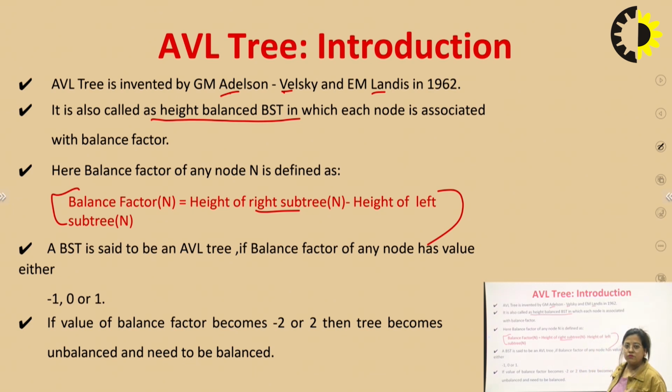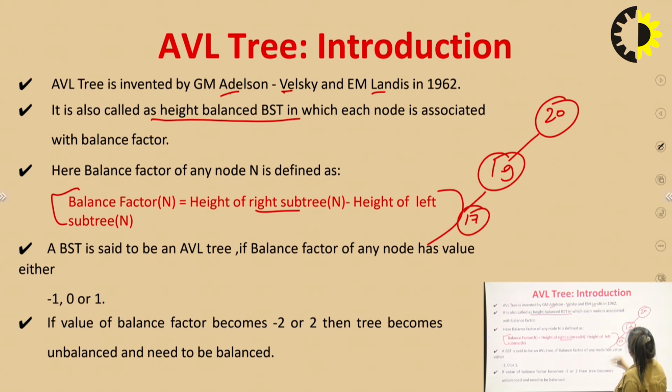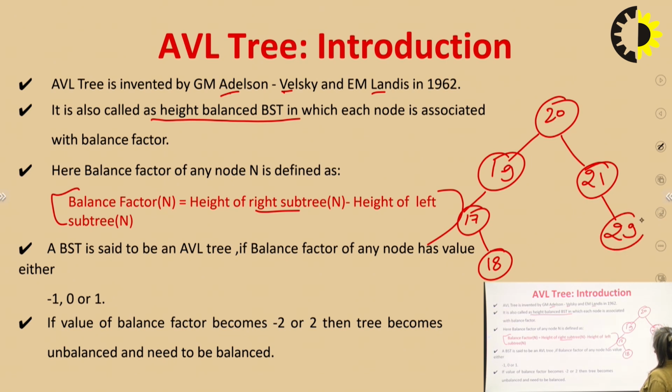Here we create a simple BST: 20, 19, 17, 18, 21, 29, 27.